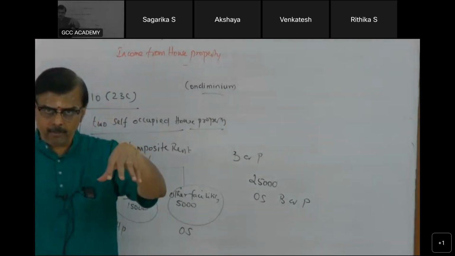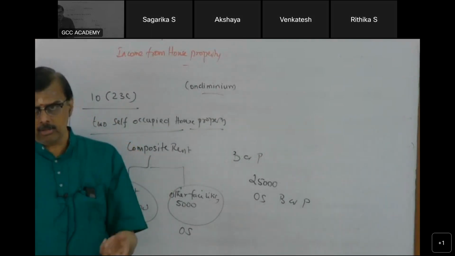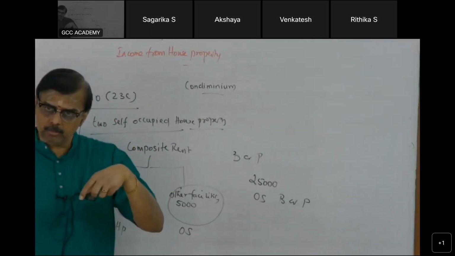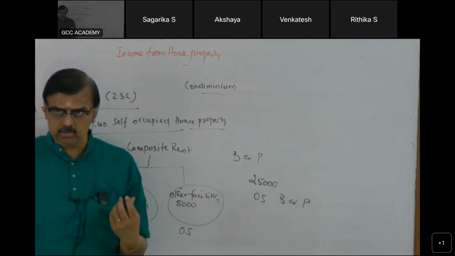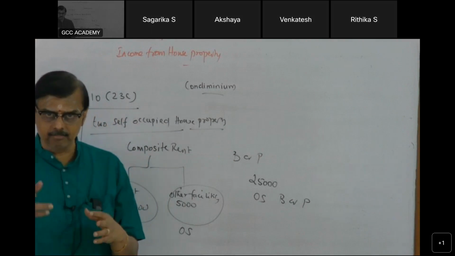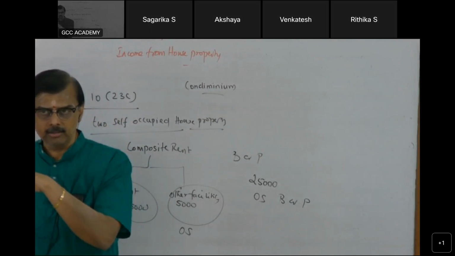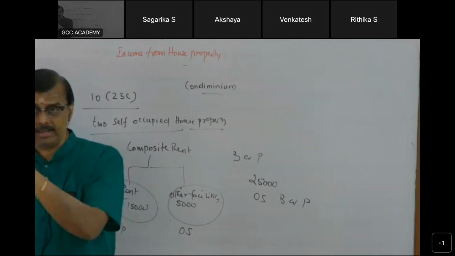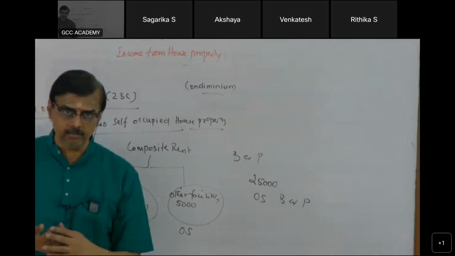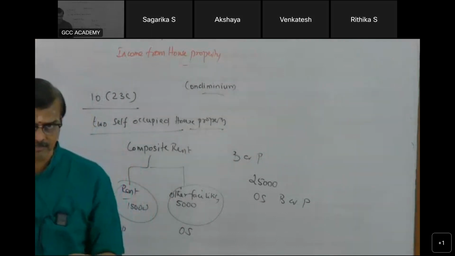If you're the owner of a property, you have to pay tax on the income arising out of it. Sometimes you transfer the property in somebody else's name. Technically, they become the owner and they get the income, but you will not get the income. In this case, you will be deemed to be the owner.